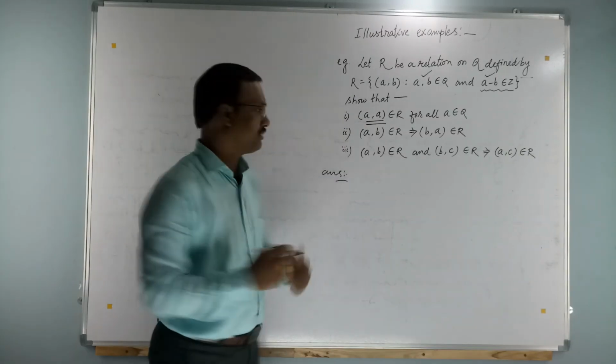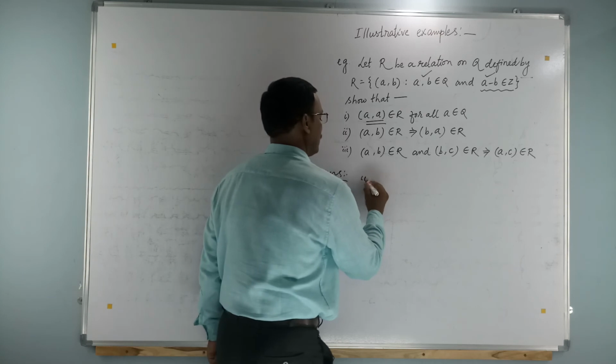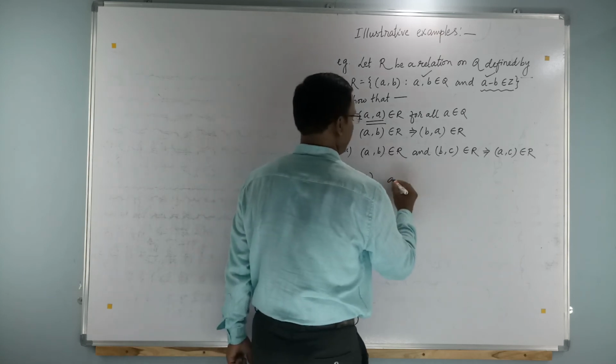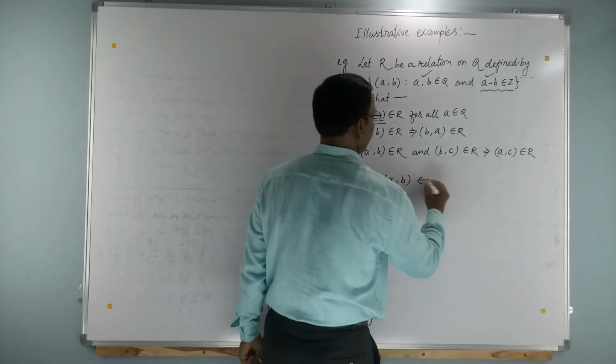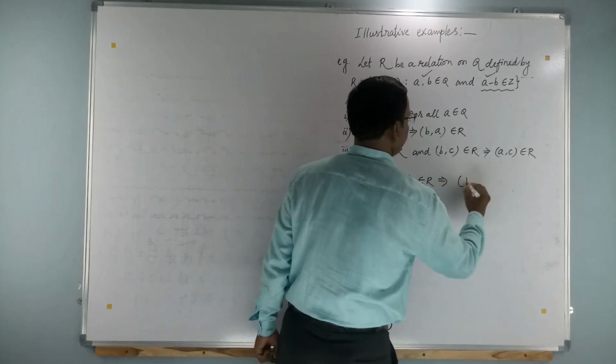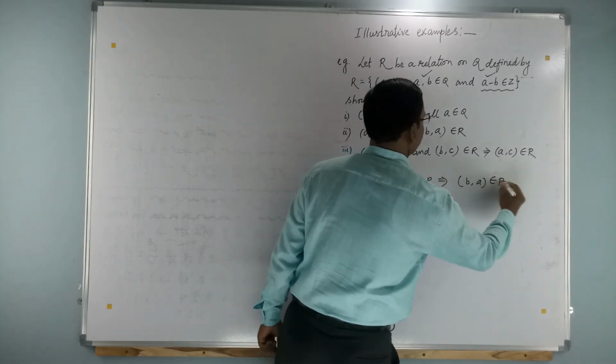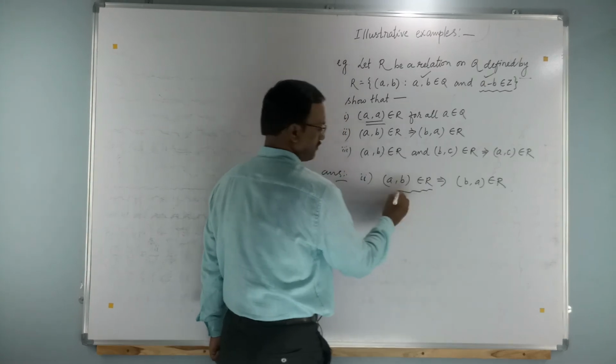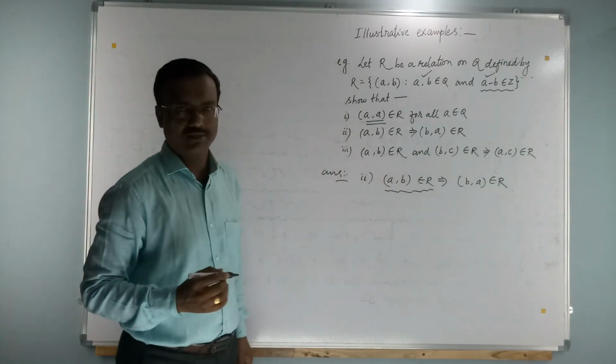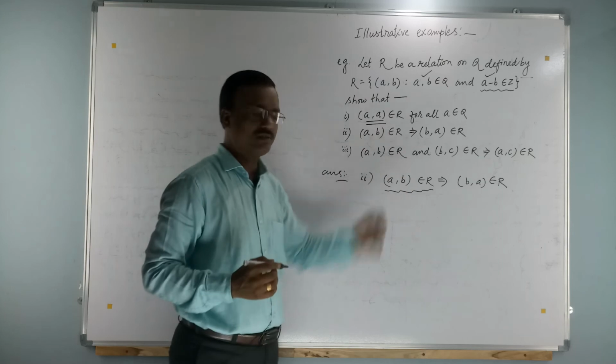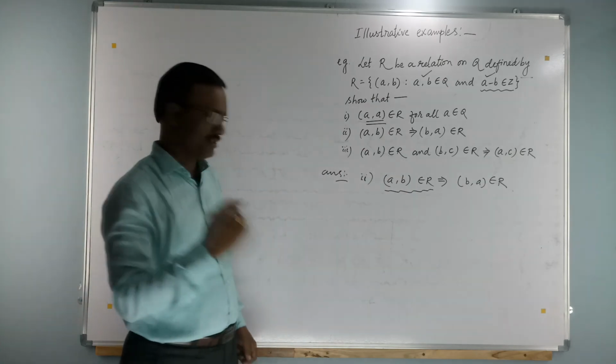Now see the second part. We have to show that (a, b) belongs to R implies (b, a) belongs to R. That means this is the given condition: (a, b) already is a member of the relation.